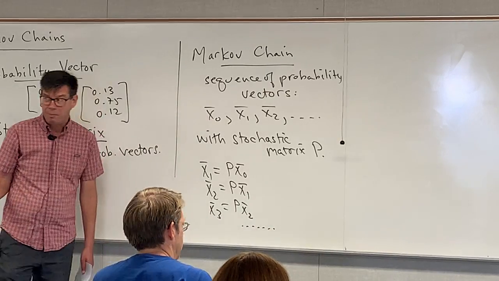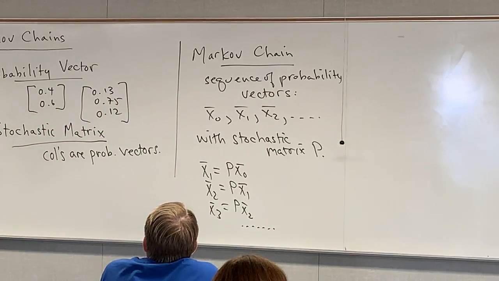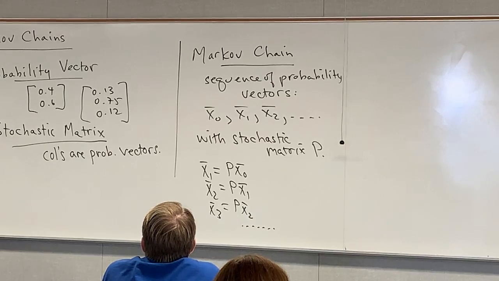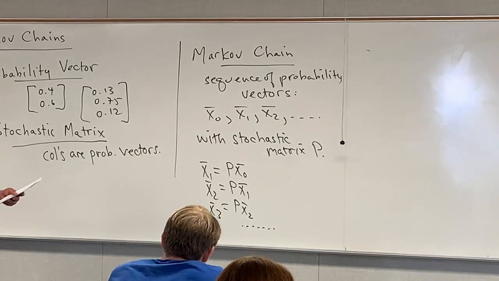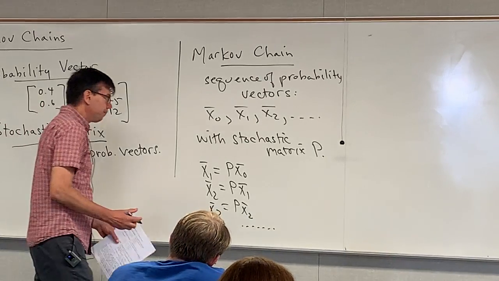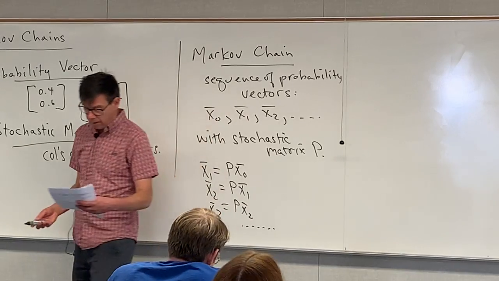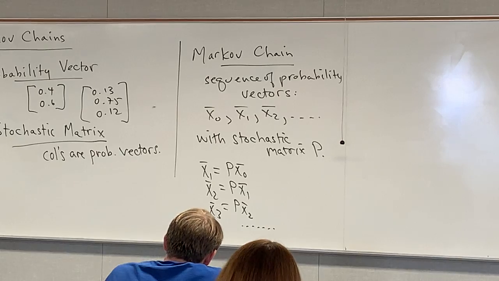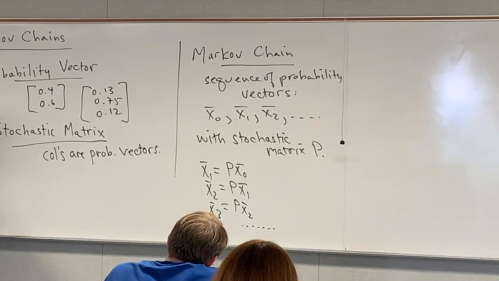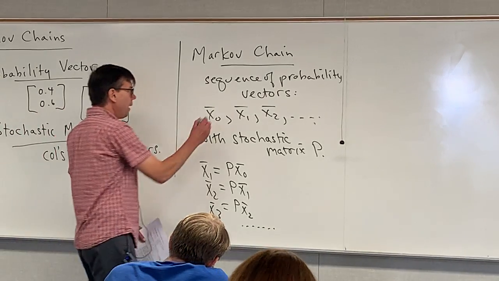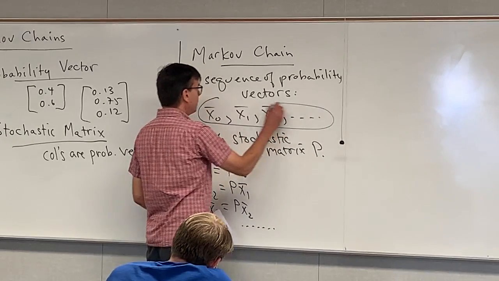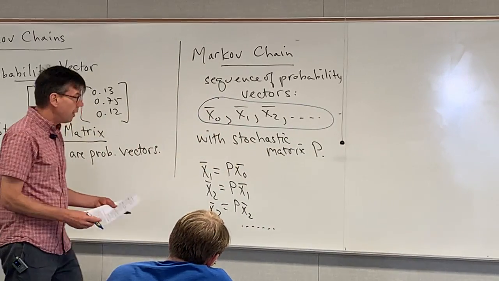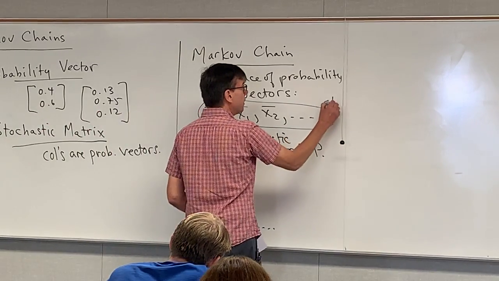And again, it should remind you of that population example that we looked at back in chapter 1. The general statement is that x sub k plus 1 is always equal to P times x sub k. These are called state vectors.